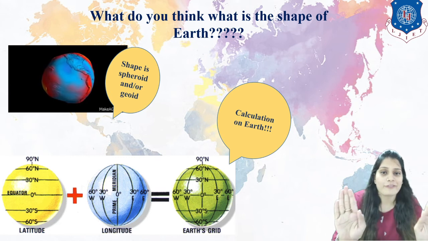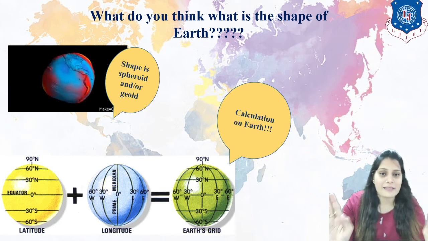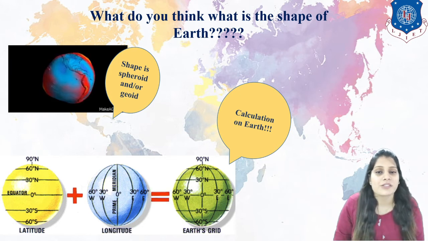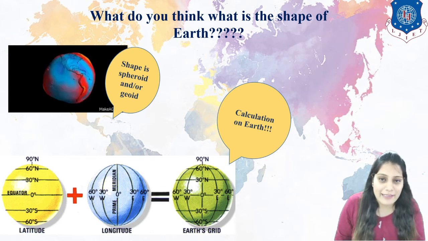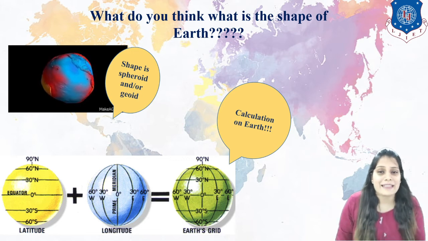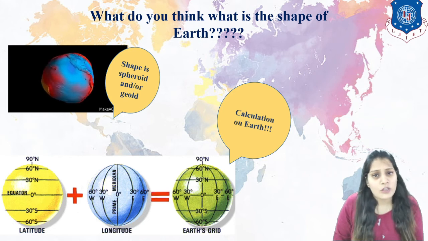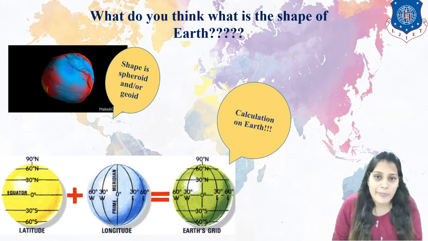I want to make it flat. When I open this earth into a flat surface, what happens? Measurements change. There is a change in the shape, right? So I need to take that into consideration, and that is why there is a derivation of the coordinate system. You all know latitudes and longitudes are in degree, minute, second, right?